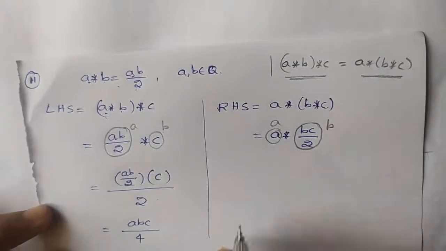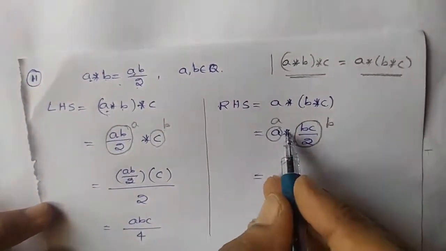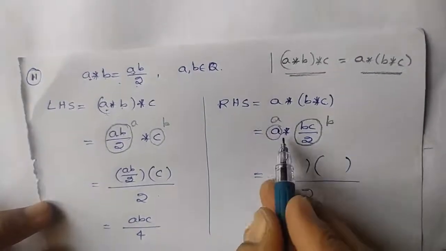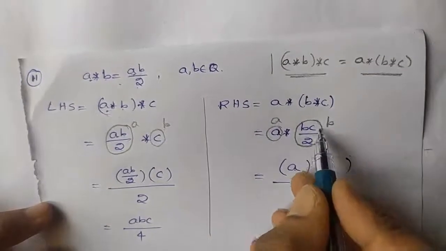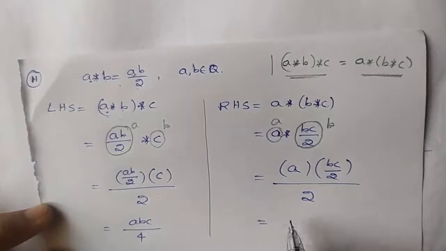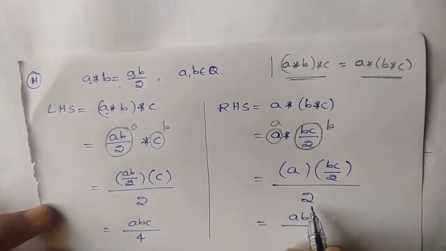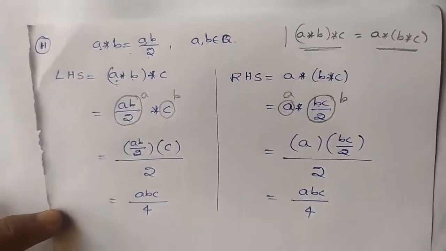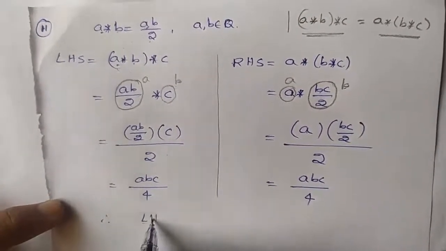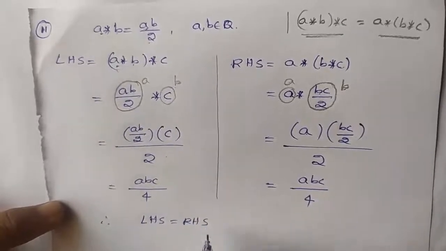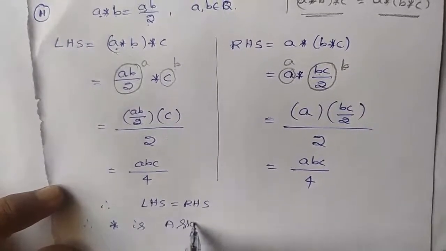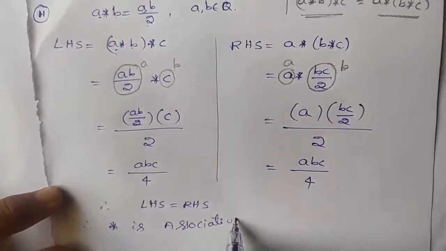Applying A star B equals AB by 2: A times BC by 2, divided by 2, that is equals ABC divided by 2 into 2 is 4. Yes, LHS and RHS are equal. Hence it is associative. Therefore LHS equals RHS. Write the conclusion that star is associative.